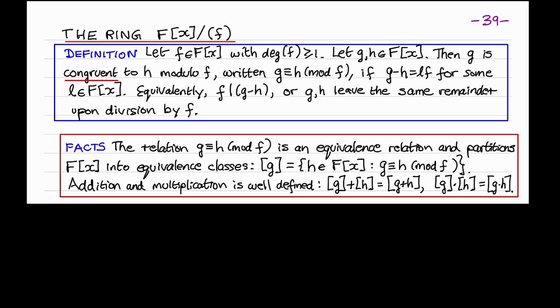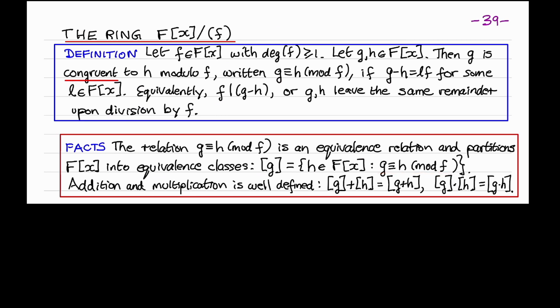The relation is an equivalence relation, and so it's reflexive, symmetric, and transitive. Hence, it partitions the set of all polynomials into equivalence classes. The equivalence class containing the polynomial g is the set of all polynomials h over F which are congruent to g modulo f.